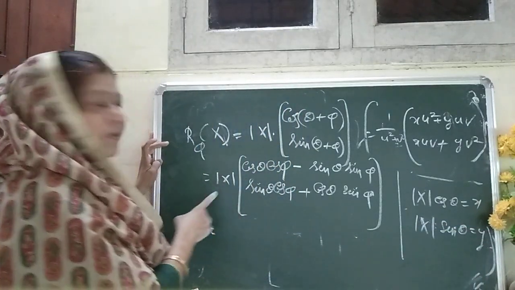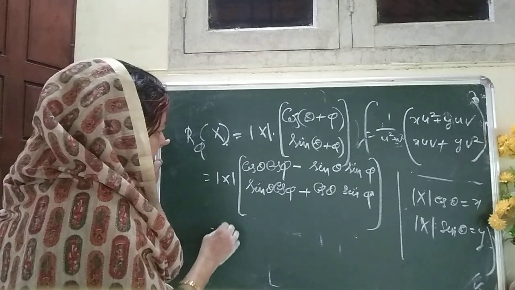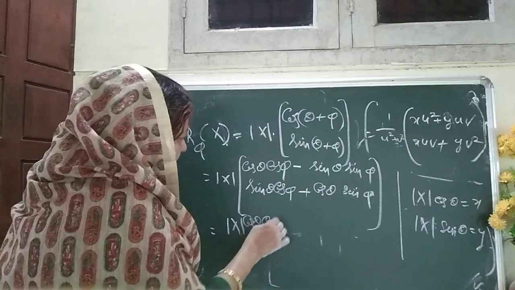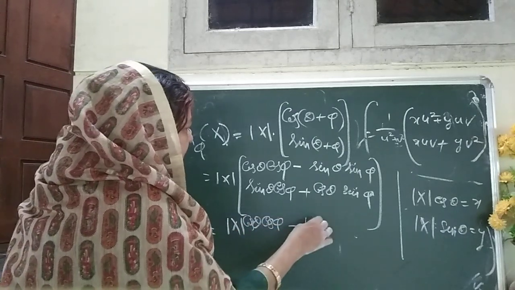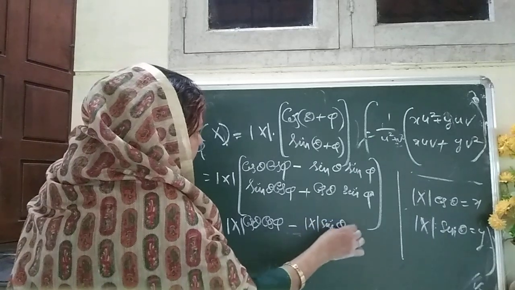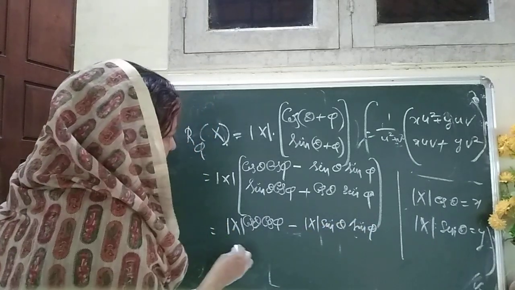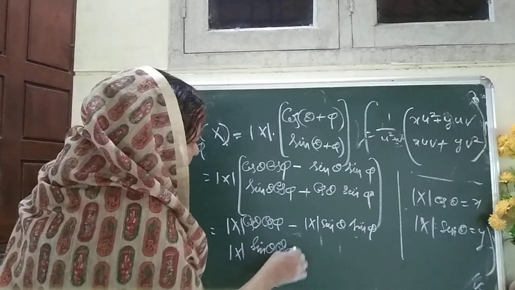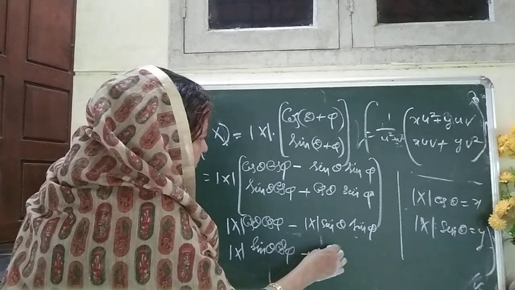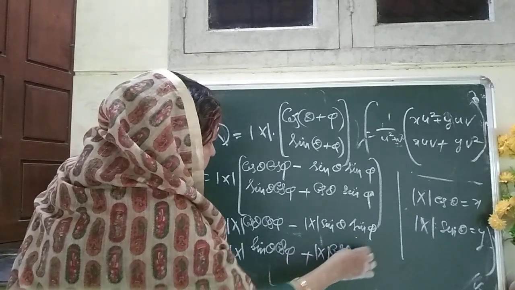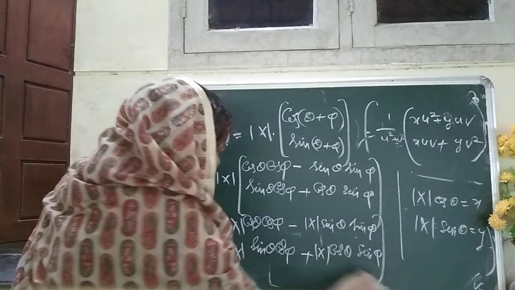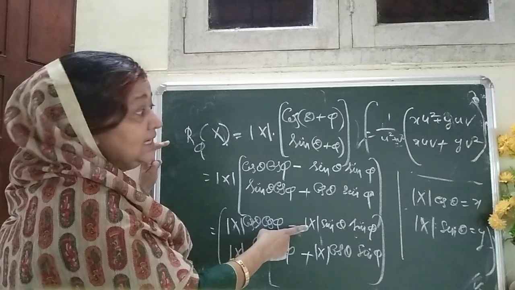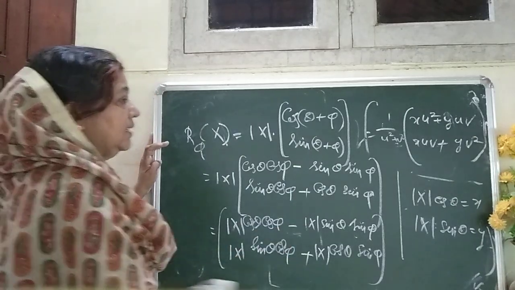Therefore, this becomes |x| cos θ cos φ minus |x| sin θ sin φ, and |x| sin θ cos φ plus |x| cos θ sin φ. But what is |x| cos θ? Small x. |x| sin θ? Small y.